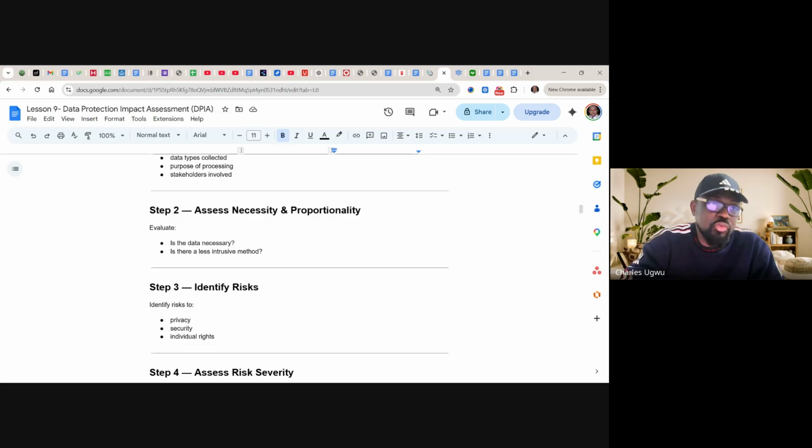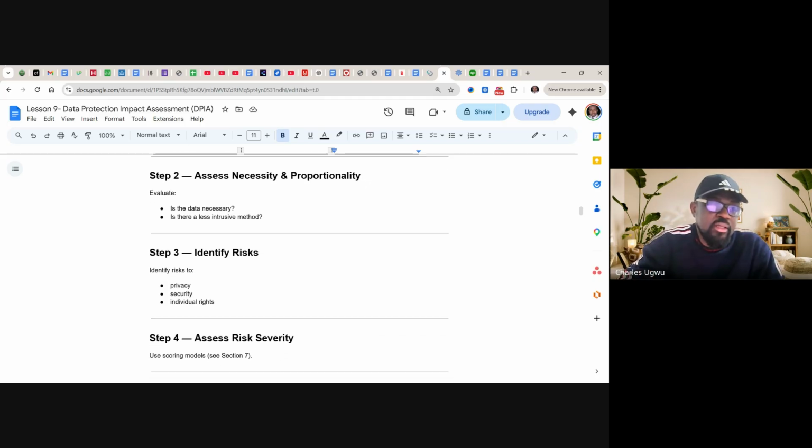Must we use this data, because it involves risk? Is there a lesser intrusive method? If we're collecting this data, is there any alternative we can use to collect it that is not risky at all? This is what we assess.